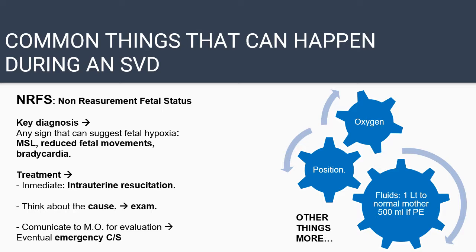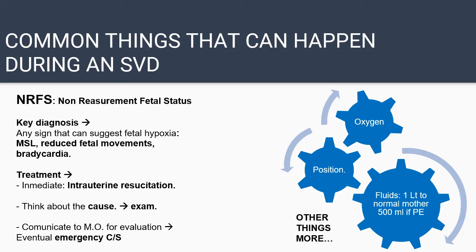And for the treatment, we have the immediate treatment and the definitive treatment. The immediate treatment is to perform intrauterine resuscitation maneuvers. And which ones are these? To give oxygen to the mother, and to put the mother in a correct position.